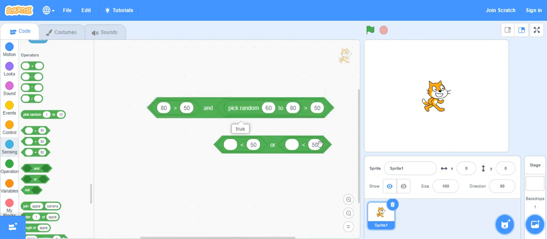Now what? Since both the statements are true, now let's make one of these statements false. You can see that only one of these statements is false, but it will report false.